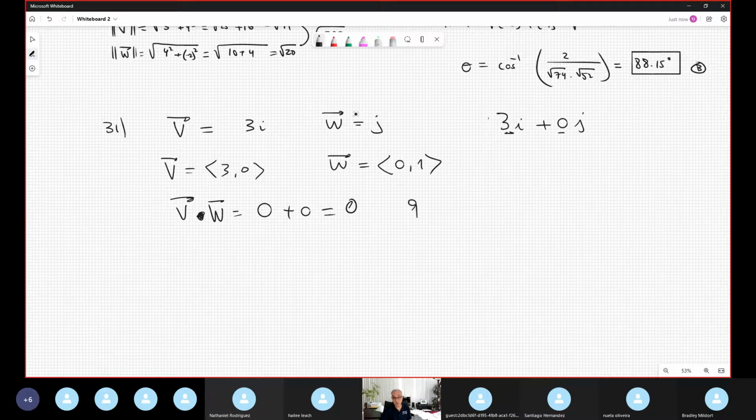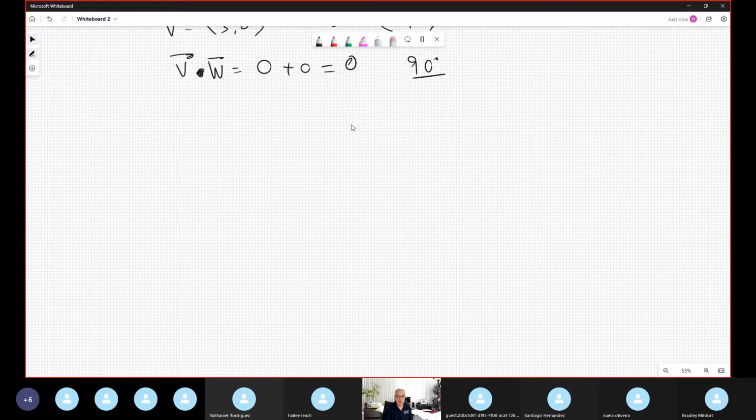Therefore, it's 90 degrees and you don't need to continue. When you see the dot product is 0, it is because the vectors are orthogonal, which is synonymous with saying the angle in between the vectors is 90 degrees. That one was easy. The problem is to be familiar with the notation, because sometimes it's confusing.